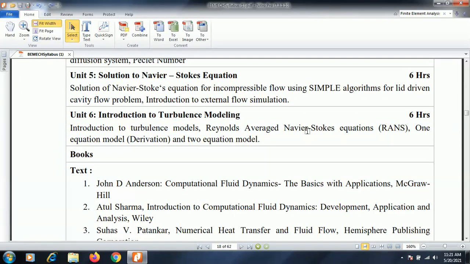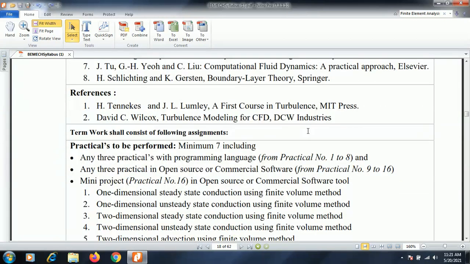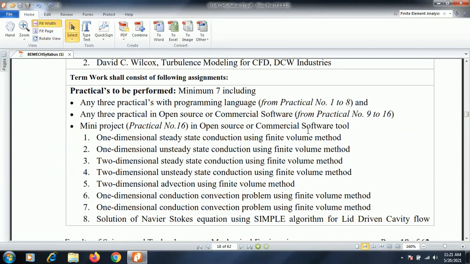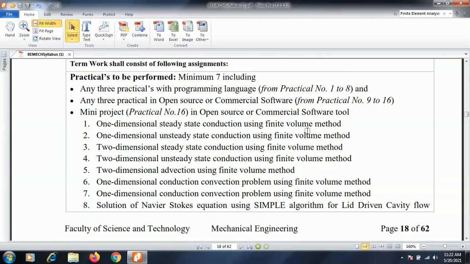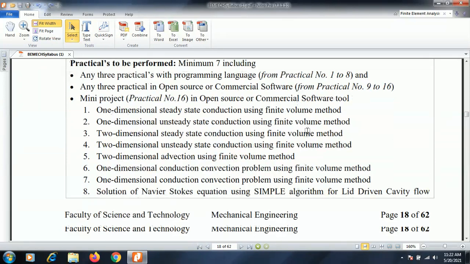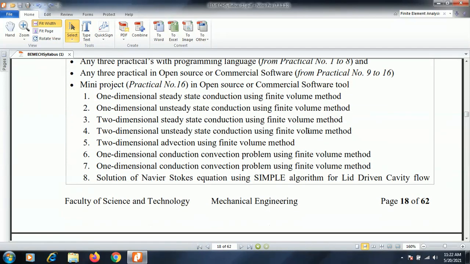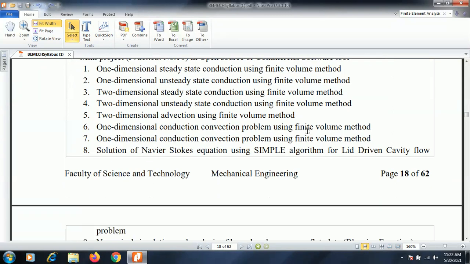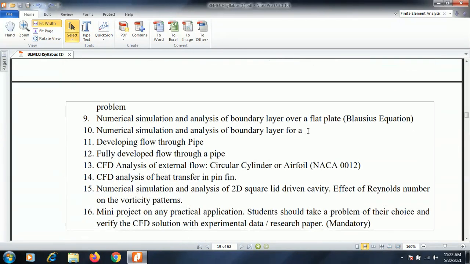Most of its syllabus is related with fluid mechanics and heat transfer. Also it has practical performance, a total of 8 practicals, out of which you need to do 7. One dimension steady state conduction, then unsteady state, and such kinds of practicals, which you have to perform using the finite volume method.